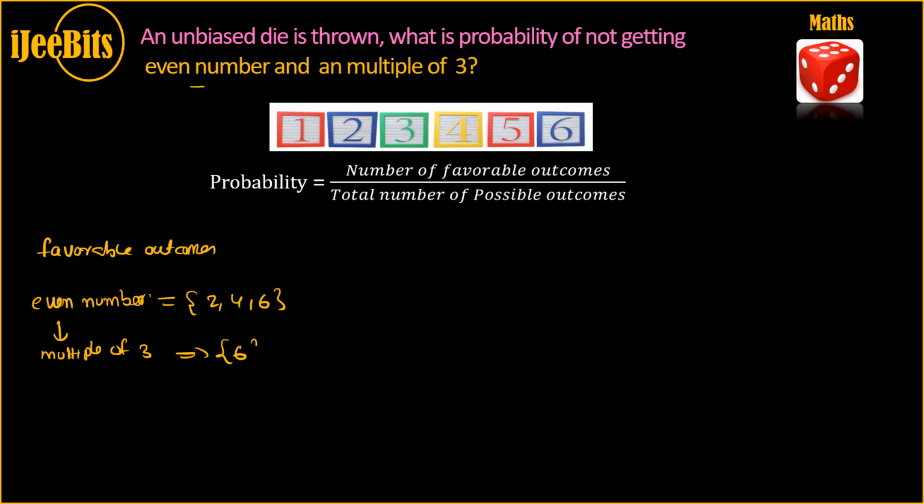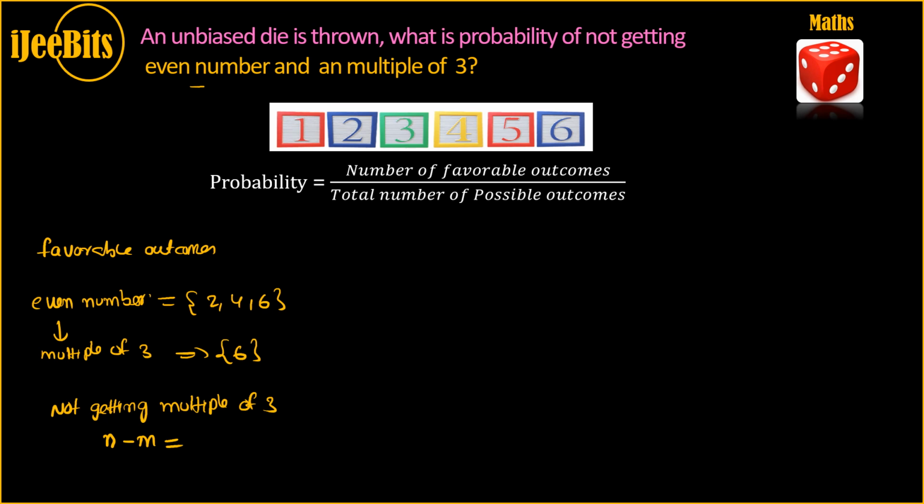how many are from this? Only 6. But what is being asked is not getting a multiple of 3. So how do you get it? Total n minus m.